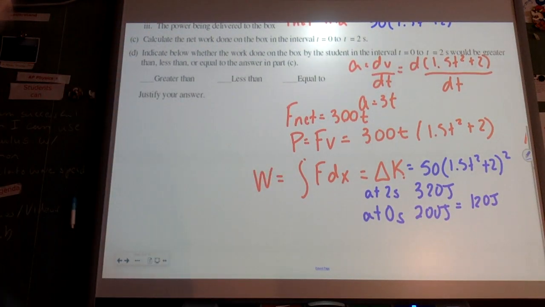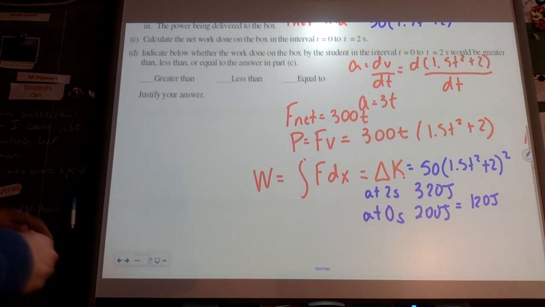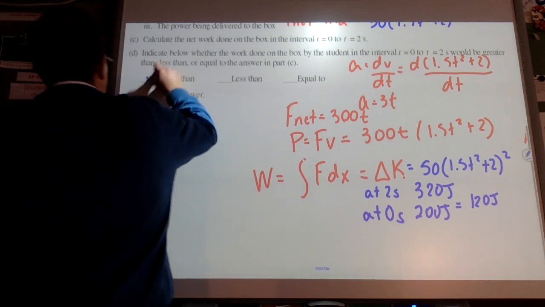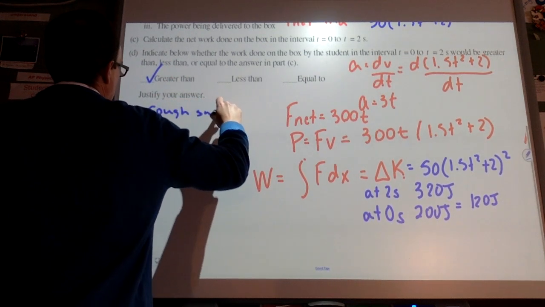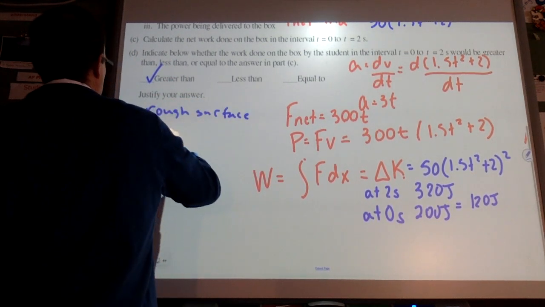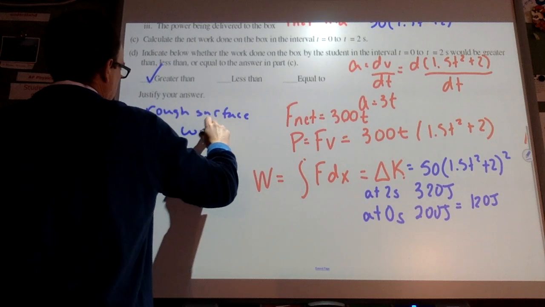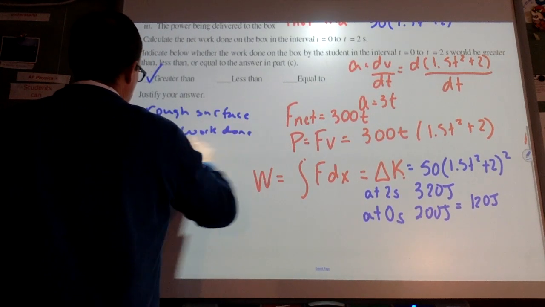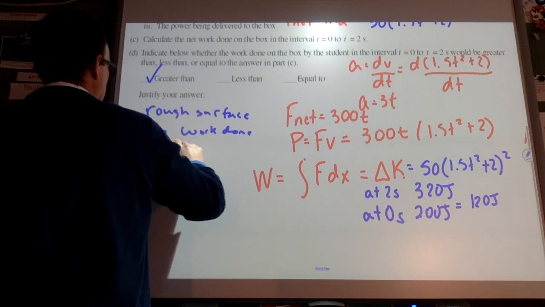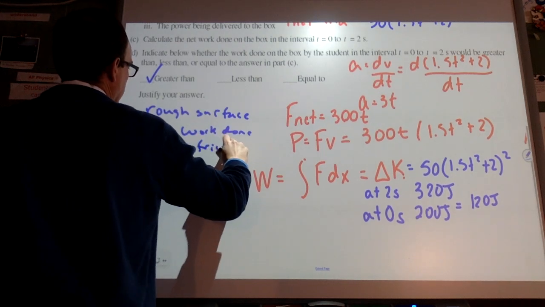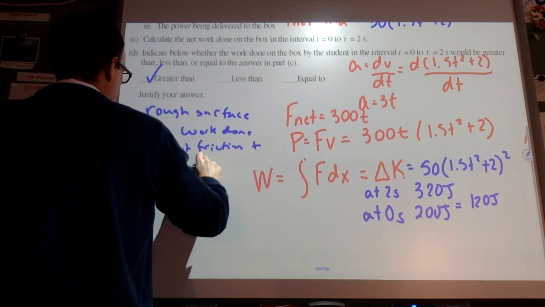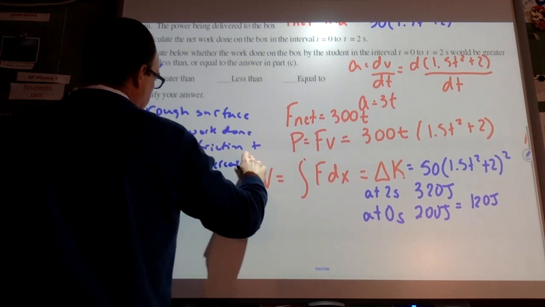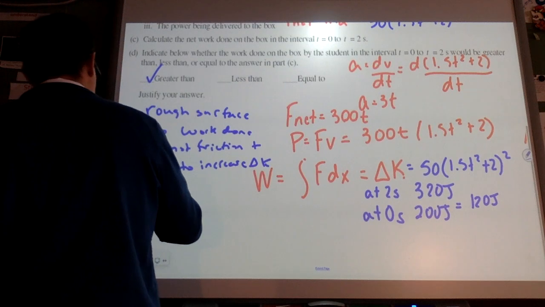Indicate below whether the work done on the box by a student is greater than, less than, or equal to the answer. The work would be greater than. It is a rough surface. So there is work done against friction and work to increase kinetic energy.